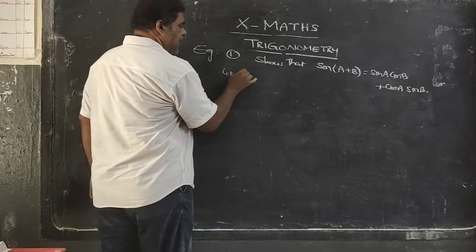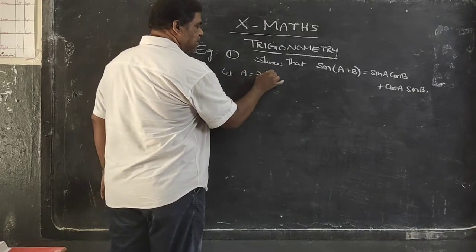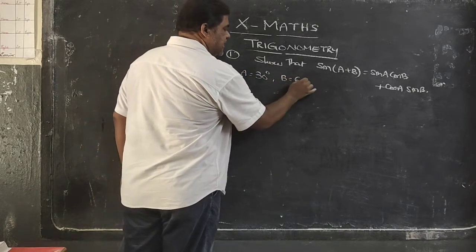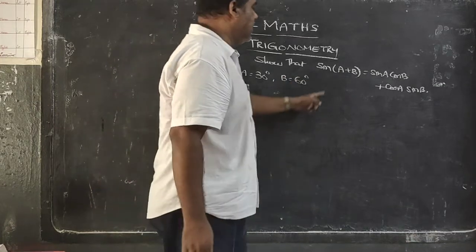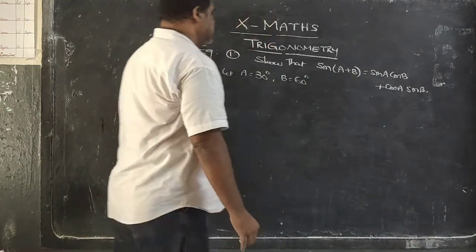Let us suppose the A value is 30 degrees and the B value is 60 degrees. Let us take two values for A and B.